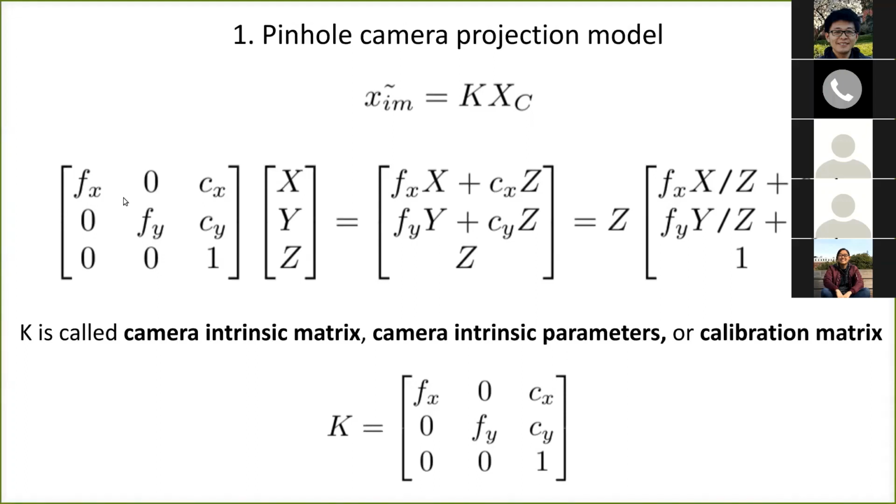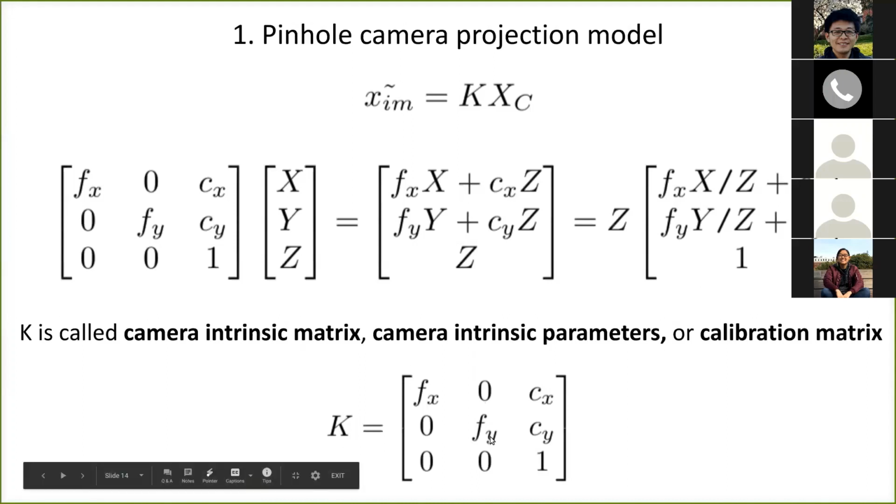The diagonal of this matrix is fx, fy, and 1, and this column will be Cx and Cy. If we multiply with the 3D coordinate in the camera coordinate system x, y, and z, and make it homogeneous, we'll have this final representation for the 2D coordinate in the image coordinate system. Okay, so this is key.